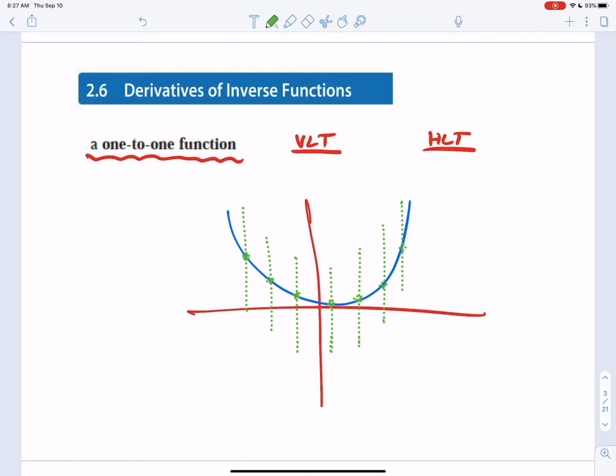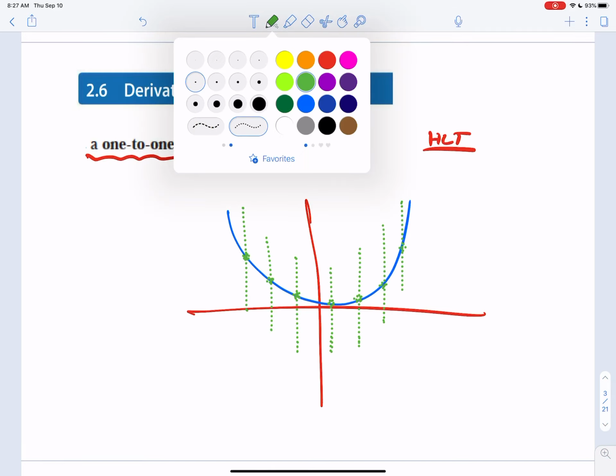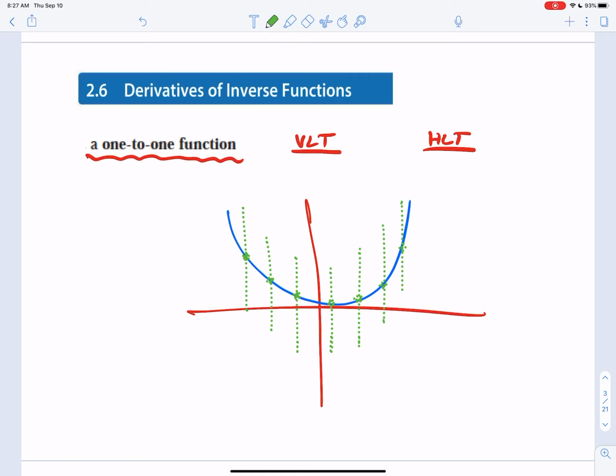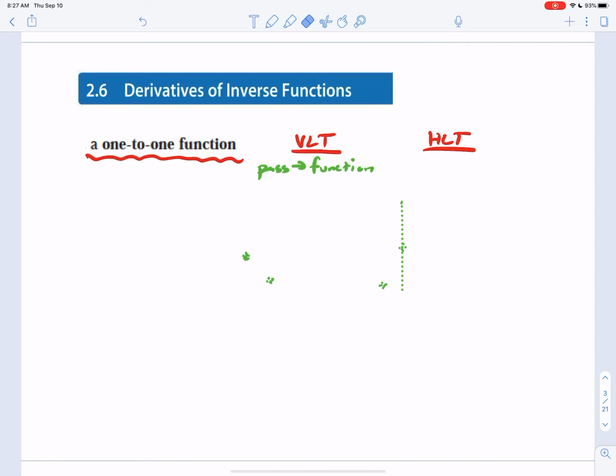If it passes the vertical line test, you would deem it a function. For every x, there is a unique y. That's the formal definition of it. Now, if it doesn't pass, it's not a function.